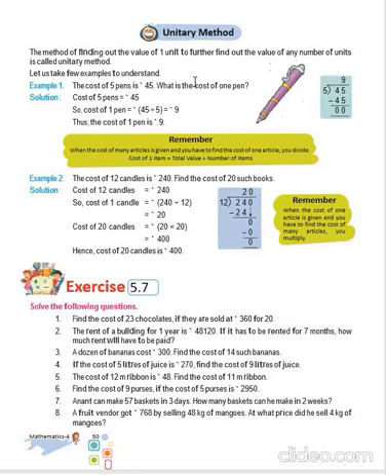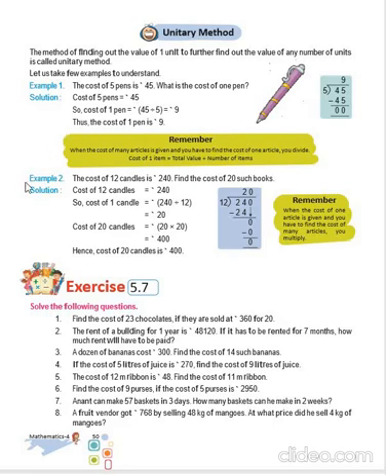We have to find the cost of 1 pen. 5 pens cost 45. So the cost of 1 pen will be 45 divided by 5, which is equal to 9 rupees. So the cost of 1 pen is rupees 9.